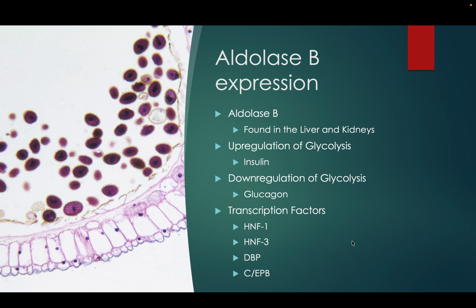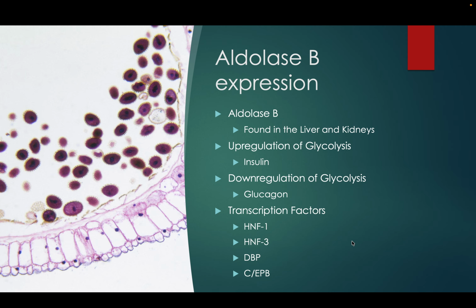So the insulin stimulates the process of glycolysis so that the patient doesn't become hypoglycemic. And that's the upregulation of glycolysis. Because there's an upregulation of glycolysis, there would be a downregulation of gluconeogenesis.